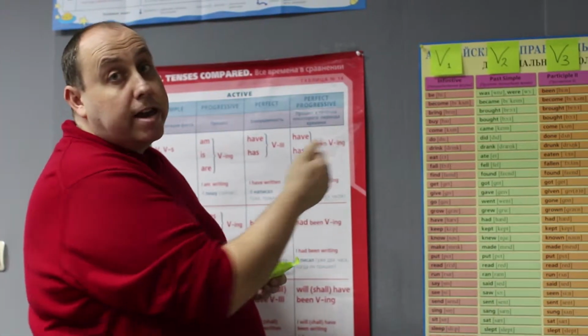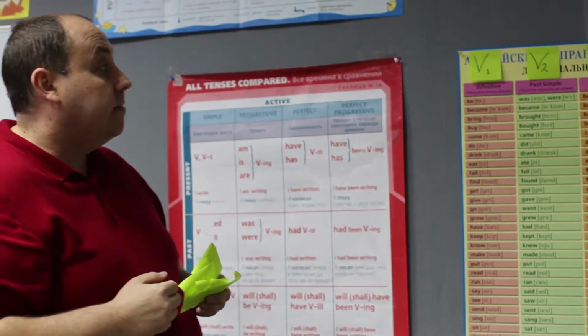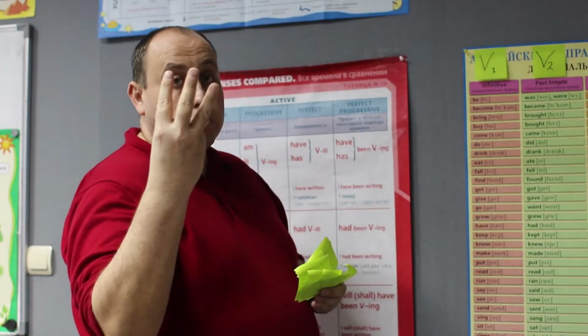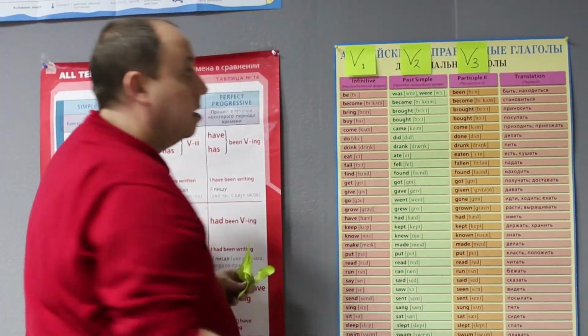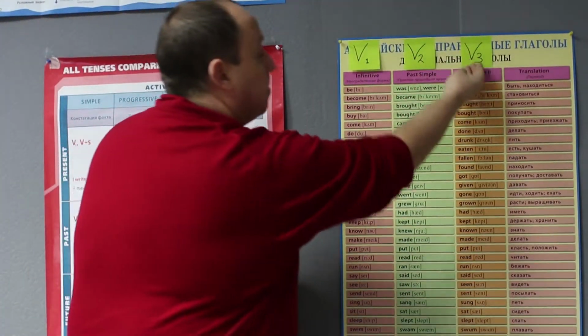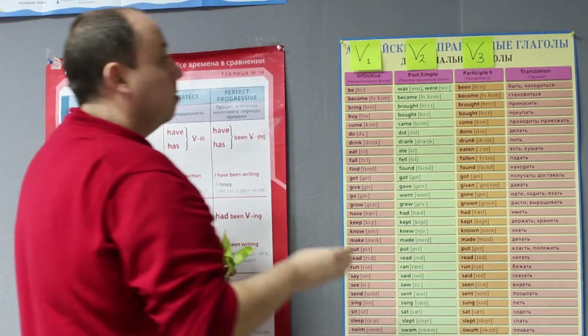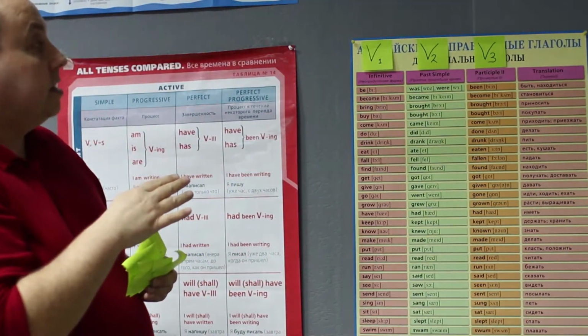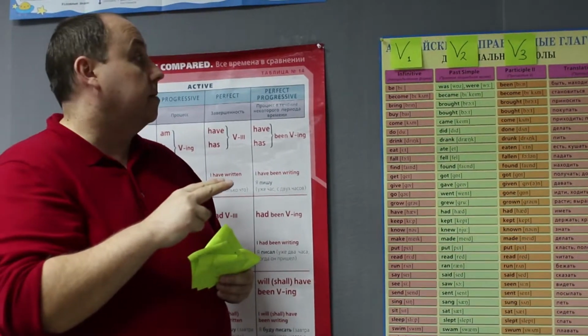is a table of irregular verbs. Irregular verbs have three different forms. The verb in the first form, the verb in the second form, and the verb in the third form. I will explain this table in more detail in our next lesson.